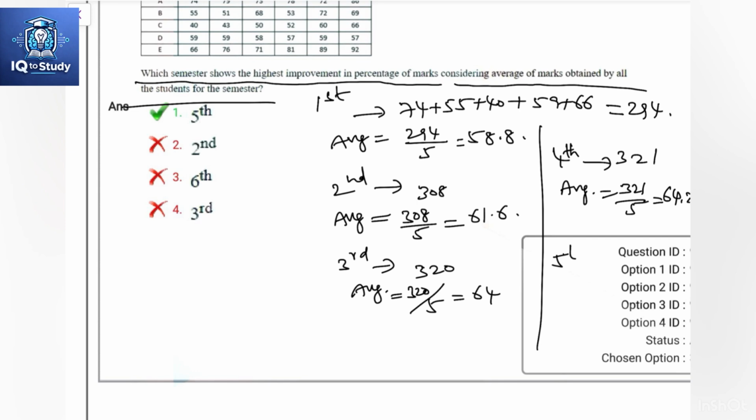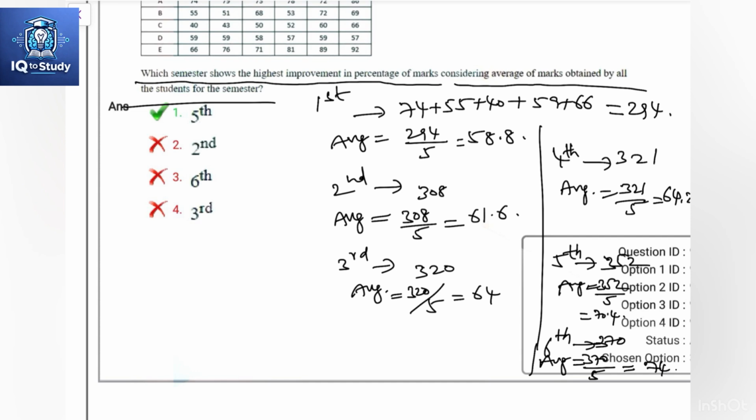And in fifth semester it is 352 and average is 352 divided by 5, which is equal to 70.4. And in sixth semester it is 370 and average is equal to 370 divided by 5, which is equal to 74.